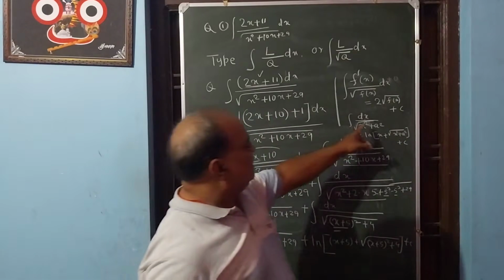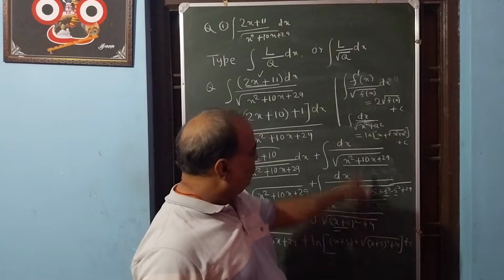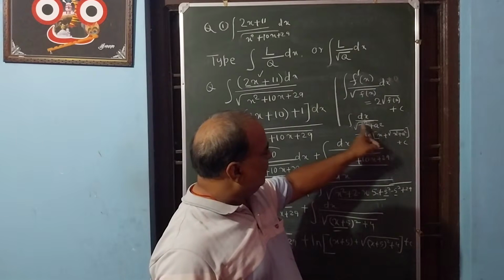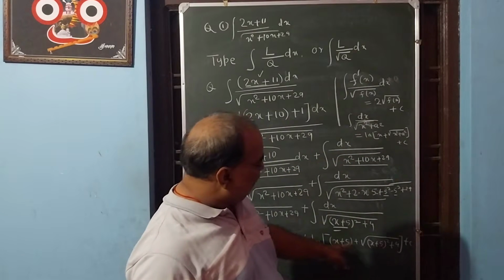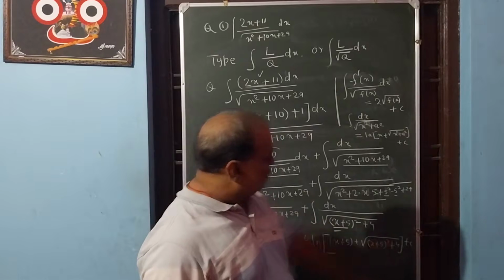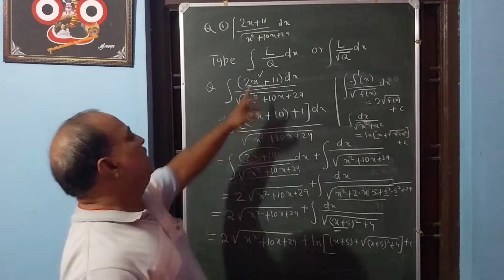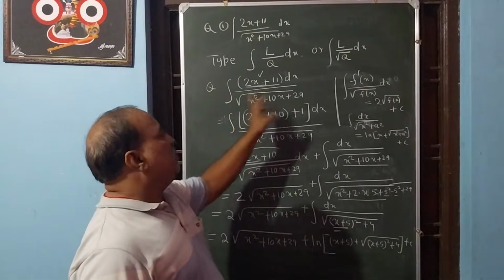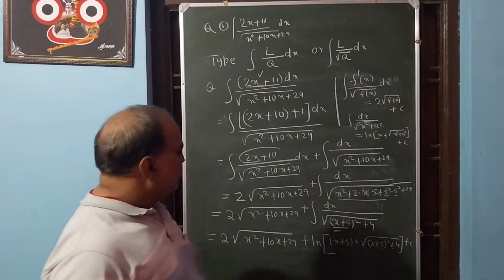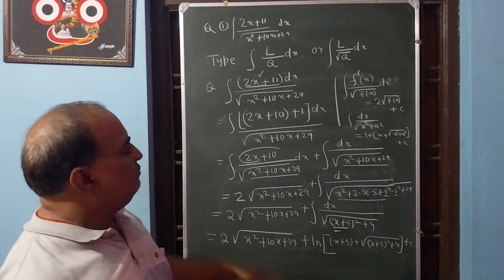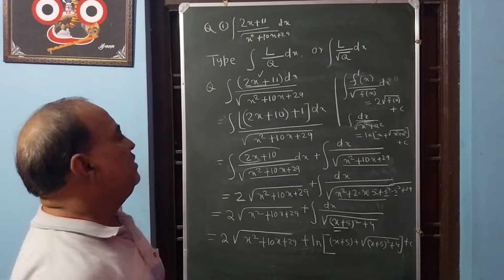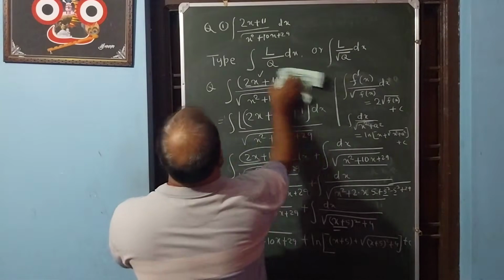Here in place of x, I am writing x plus 5, so it will be x plus 5 whole square plus 4. Okay? So when the integral is of the form linear by square root of quadratic, the integration is of this type.